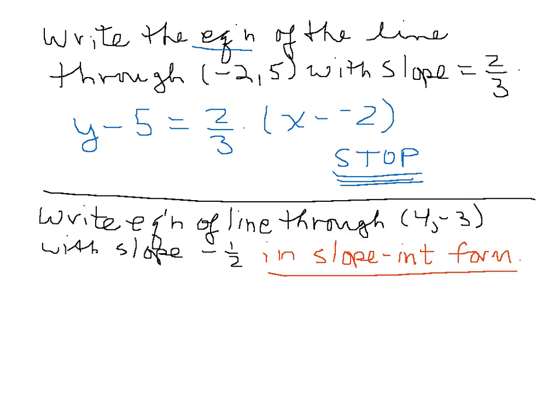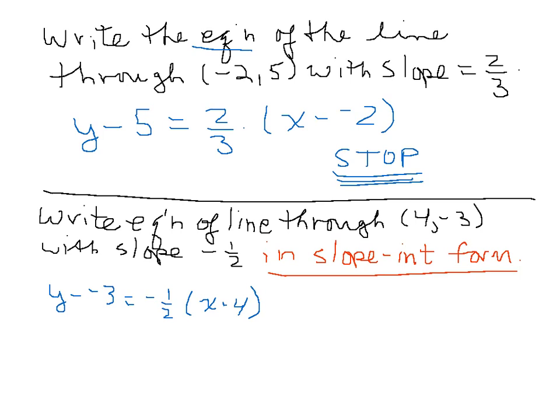I mentioned before that you read the directions, and in this particular case, we want to write the equation of a line given a point and a slope, but we want to write that equation in slope-intercept form. So it's a little bit more work. We'll write this equation as y minus 3 is equal to minus 1/2 times x minus 4. Now that is point-slope form.